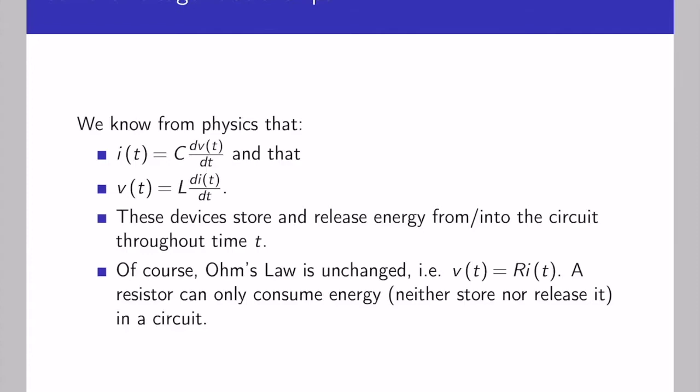And so V = IR, we wrote as the DC case where there was no dependence on time. But if we look at Ohm's law in terms of time, we still see that there is very little dependence on time in terms of the relationship, only that the voltage will be proportional to the current.